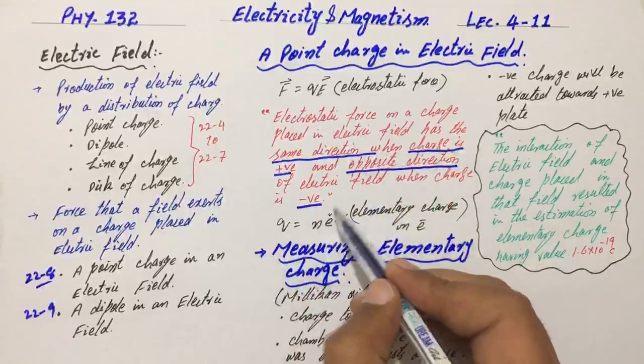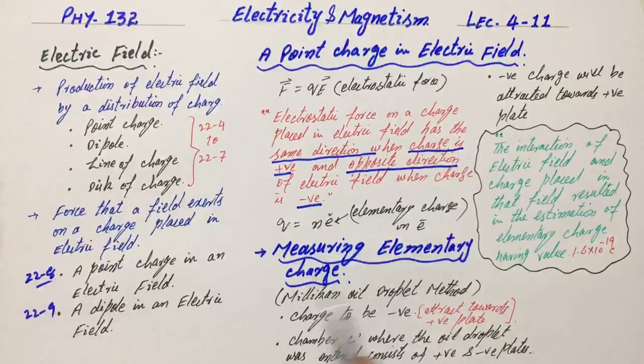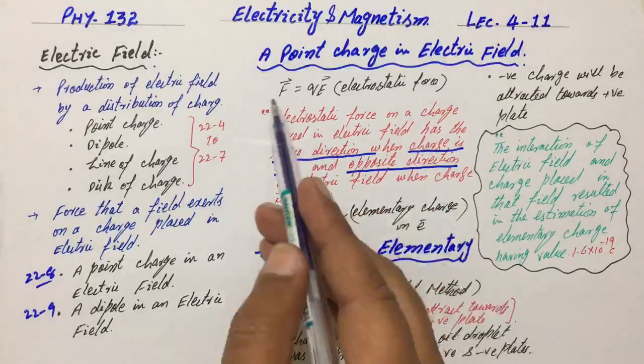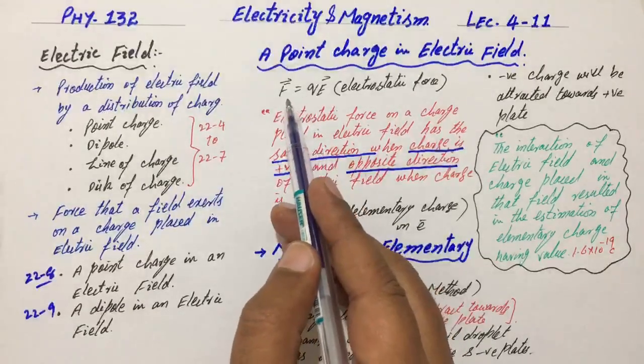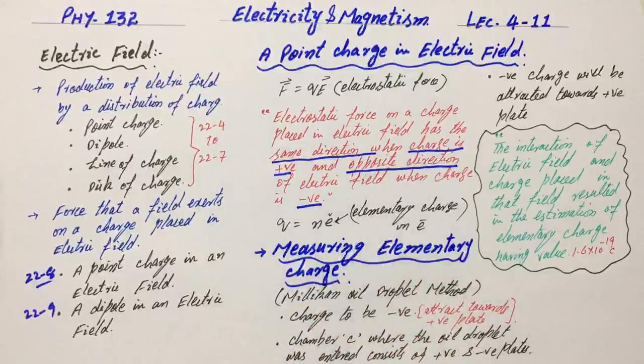Then we can find out the value of elementary charge, and that is what Millikan did, using the basic ideas of electrostatics and the basic equation of electrostatic force, that is F is equal to Q into E. So this basic concept resulted in the estimation of the charge of an electron.